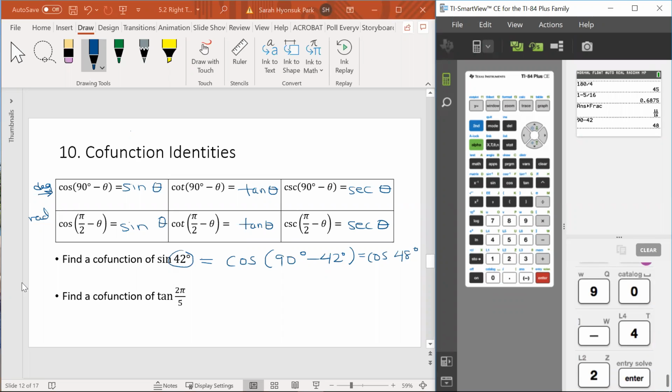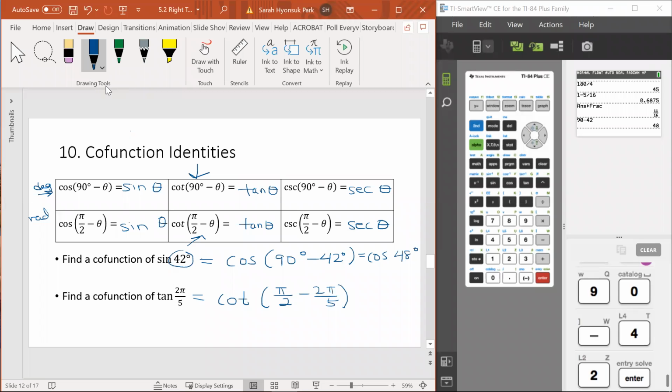And then we have to find the co-function of tangent of 2 pi over 5. The co-function is cotangent, and we take the cotangent and subtract the angle from pi over 2, since we're dealing with pi radians. Pi over 2 minus 2 pi over 5.